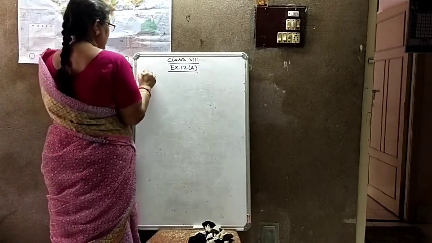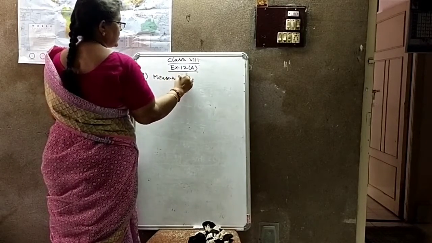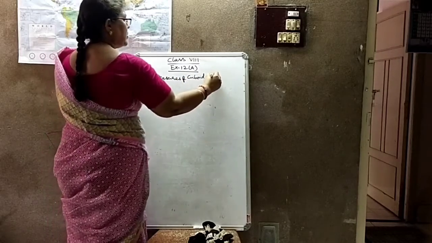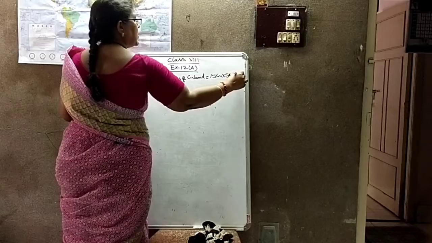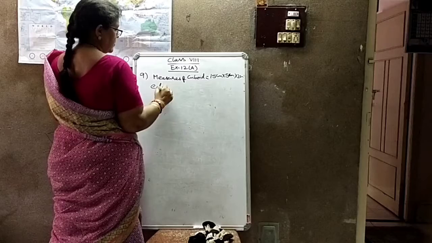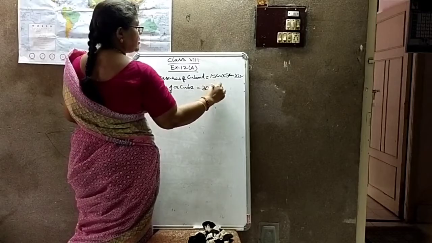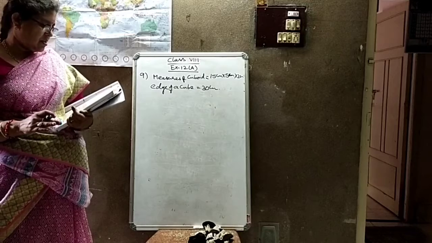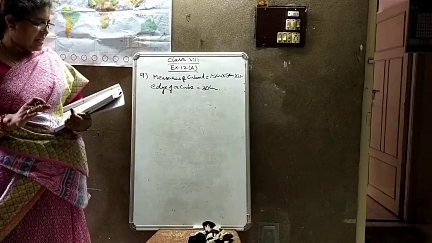Here they give some measures of a cuboid: 15 centimeters, 5 centimeters and 2 centimeters, and the edge of a cube is given as 30 centimeters.